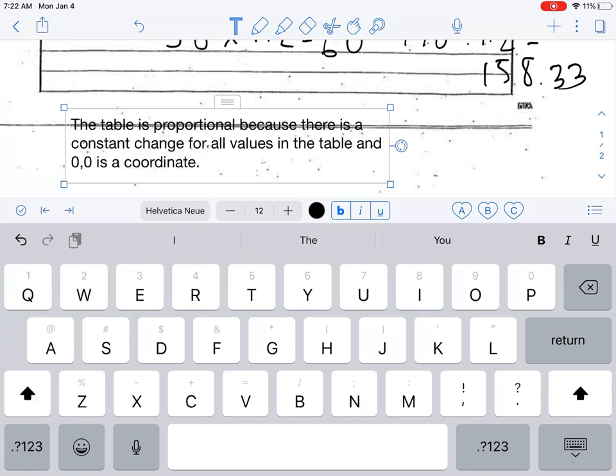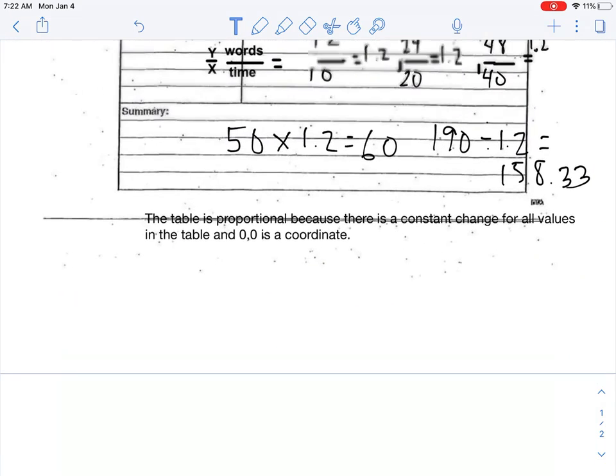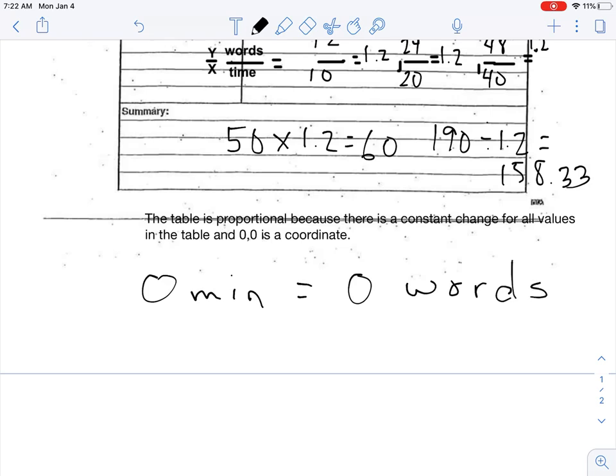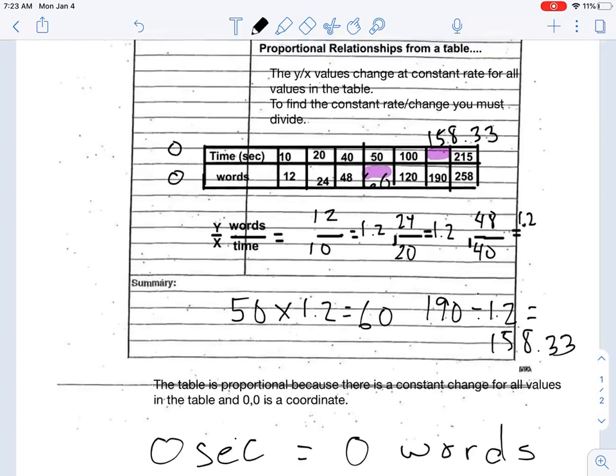What I mean by that is it's pretty simple. 0 minutes equals 0 words. Or in this case, 0 seconds equals 0 words. In other words, if we were to go back here and put in a 0 right here for time, we would have 0 words. So eventually this table would get to 0, 0 by doing our constant changes.